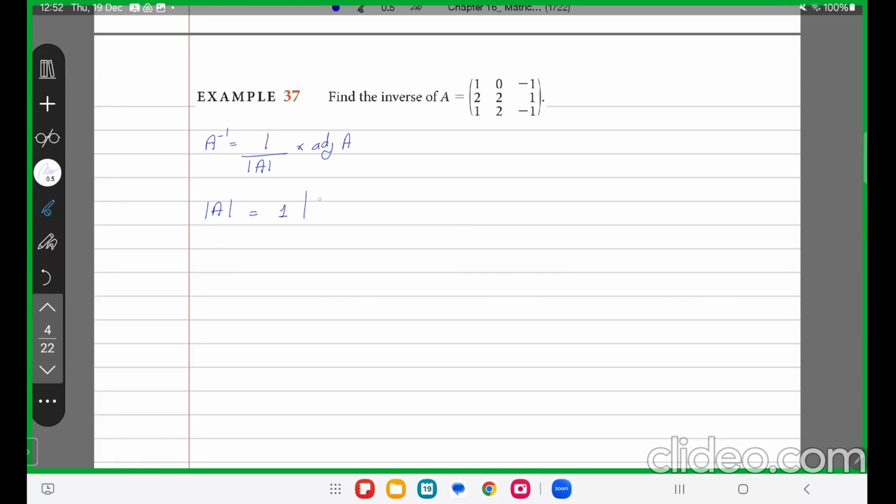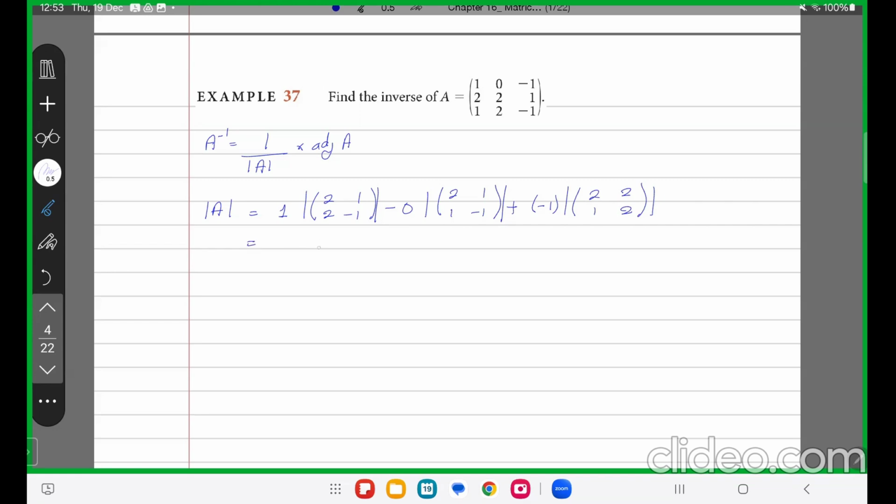the determinant of 2, 1, 2, minus 1, and then minus 0 times the determinant of 2, 1, 1, minus 1, plus minus 1 times the determinant of 2, 2, 1, 2.